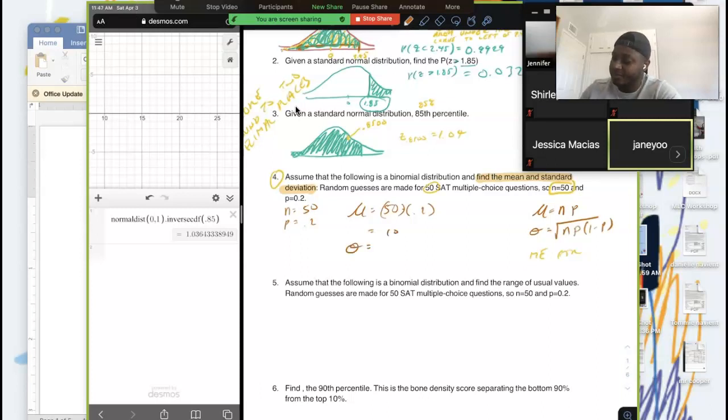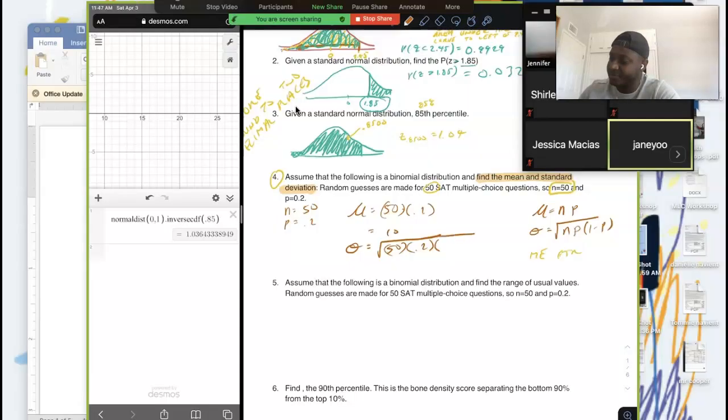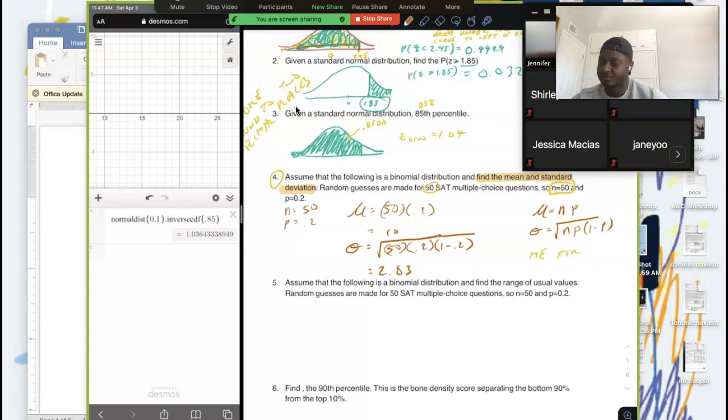Then for the standard deviation, we take the square root of 50 times 0.2 times 1 minus 0.2, and that'll give me 2.83. All right, so we've accomplished what we wanted to for this part: the mean and the standard deviation. Everybody okay with that?